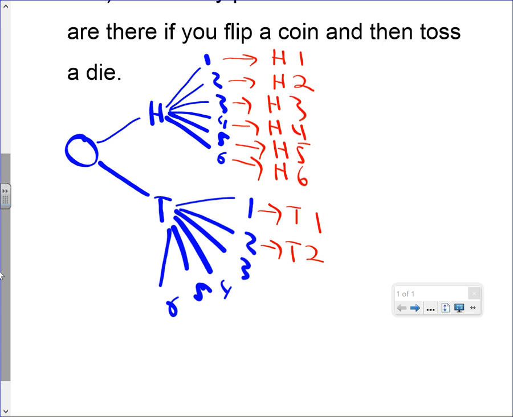Flip the coin, got a tails, then got a 3. So remember, this is a coin and a die. What are the possible outcomes here? Flip the coin, got a tails, then rolled a 4. Got a tails, and rolled a 5. Got a tails, and rolled a 6. So there's actually 12 possible outcomes here.